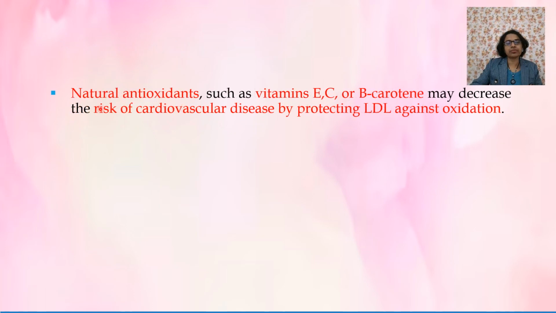Then we have to consume natural antioxidants such as vitamin E, C, or beta carotene, which may decrease the risk of cardiovascular disease by protecting LDL against oxidation. What do you mean by LDL? Low density lipoprotein. LDL is considered a bad cholesterol. If we reduce the bad cholesterol, obviously we are free from atherosclerosis.